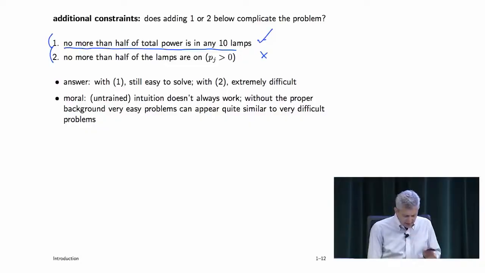And what's interesting about things like this, there are lots of other examples like this, is it turns out that your basic intuition about whether a problem is easy or hard, especially if you're not trained in, say, convexity, and we're talking about continuous optimization problems, right? If you're not trained in recognizing convexity, then basically your intuition is mostly just wrong.